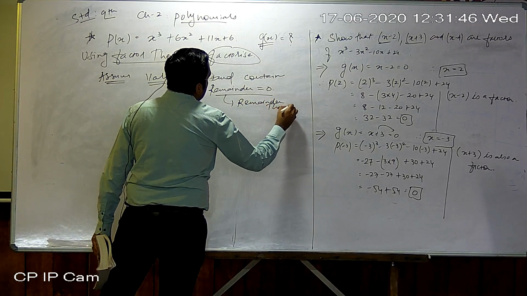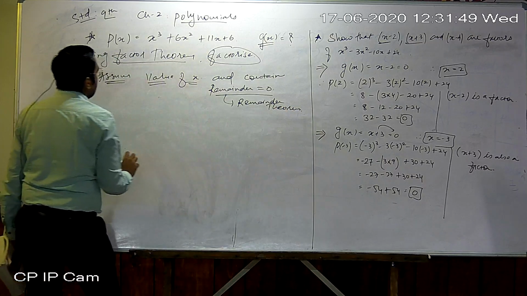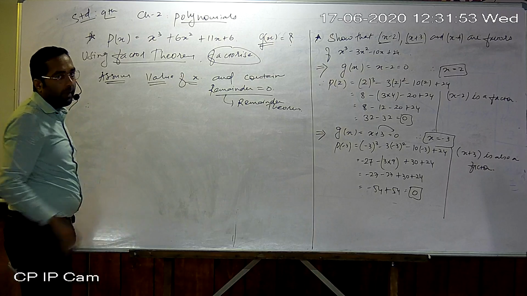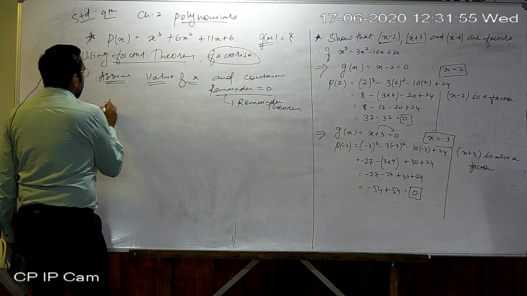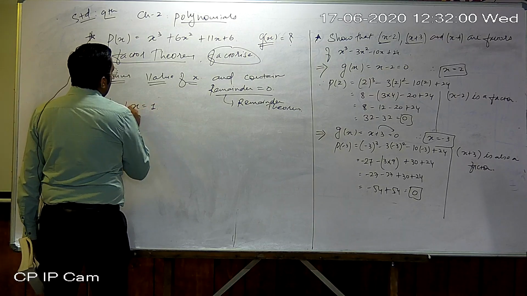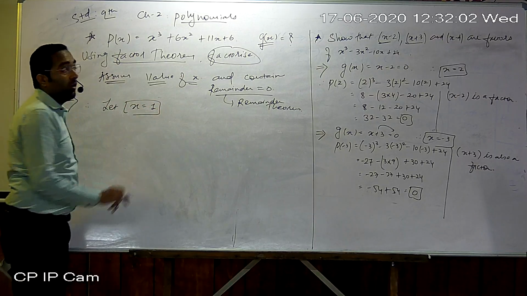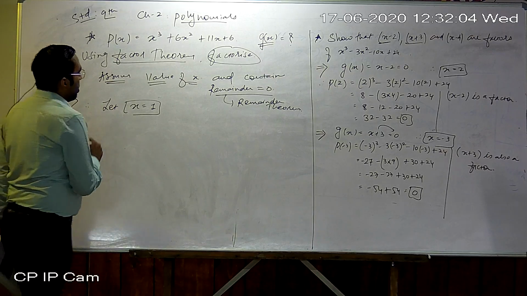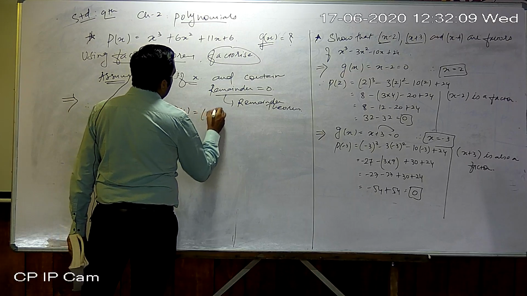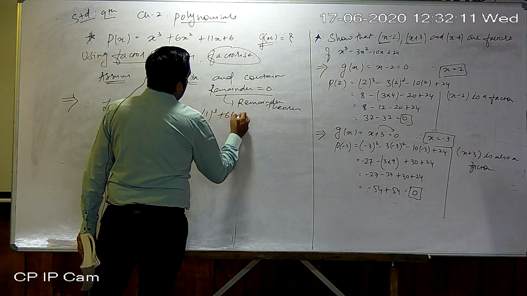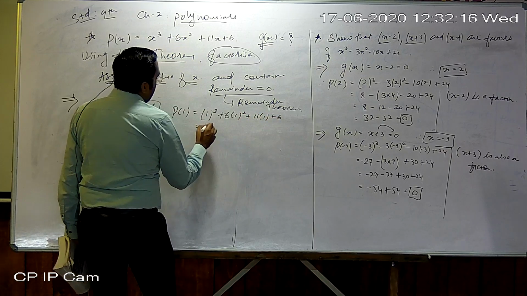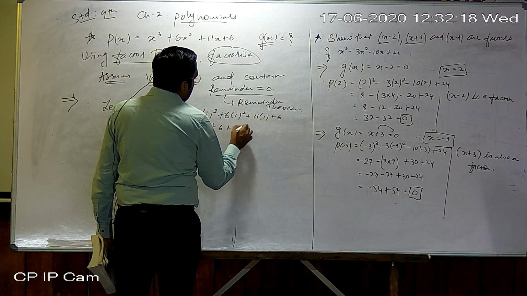Okay. I'll start using the remainder theorem, and let x equal 1. First of all, we assume the value of x is equal to 1. Now I'll put in the value: p of 1 equals 1 cube plus 6 times 1 square plus 11 times 1 plus 6. Therefore 1 plus 6 plus 11 plus 6.